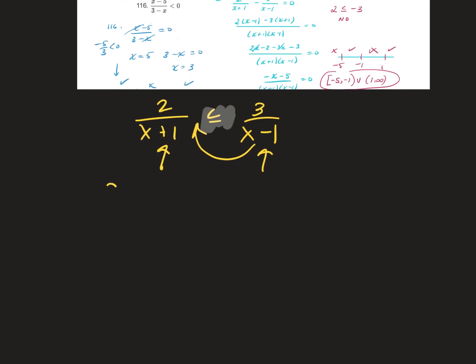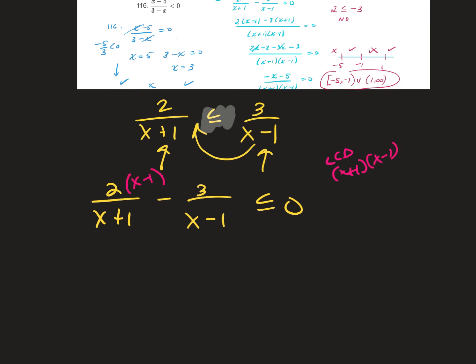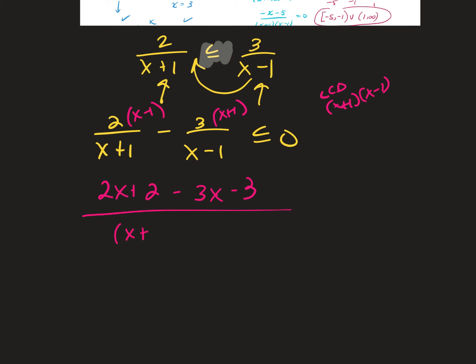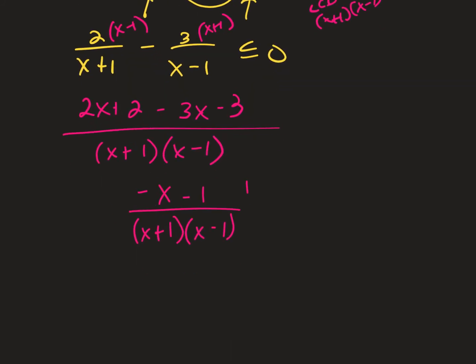So if I actually go to work this out, my least common denominator is x plus 1 and x minus 1. This is missing the x minus 1. 2x plus 2 minus 3x minus 3. Negative x minus 1 in my numerator, which gives me a positive 1, well, negative 1, and then a negative 1, and then a positive 1.